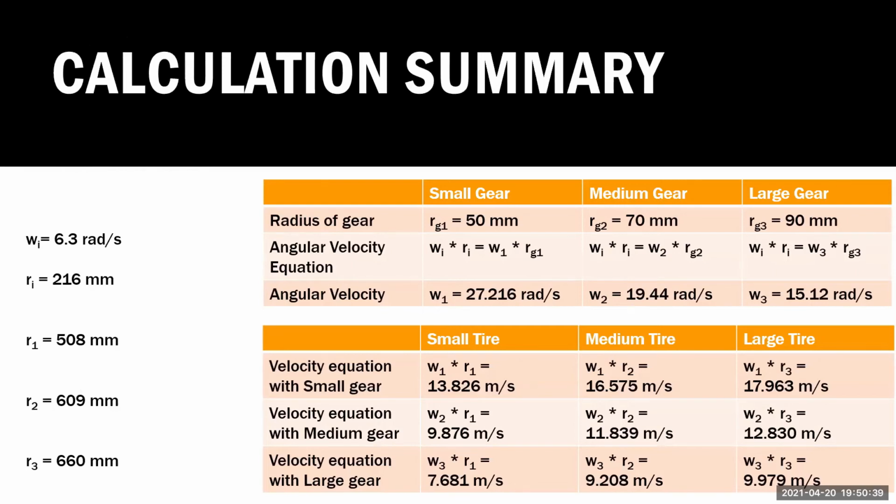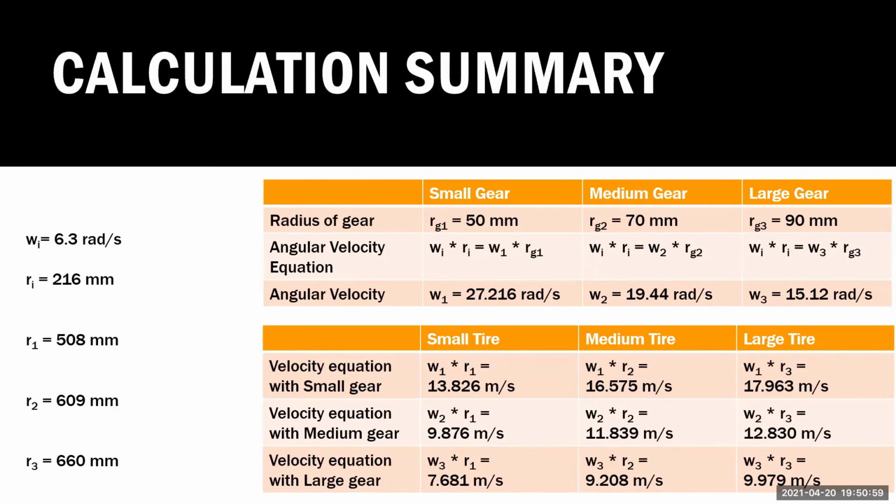So to simplify all of their calculations and to show the work a little bit more, I created these tables just outlining what happens. We have our given conditions on the left there. And so first we had to solve for the angular velocity of each of the gears.